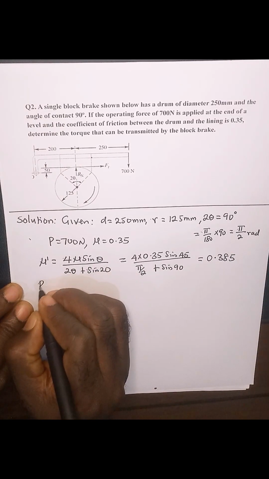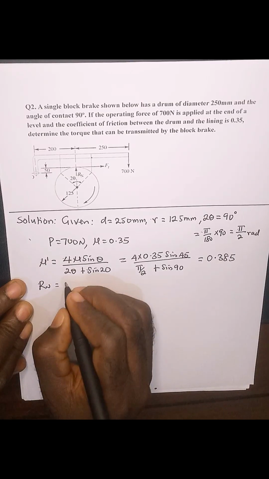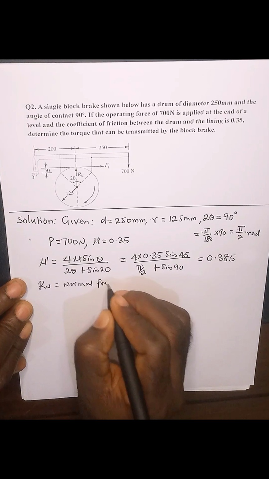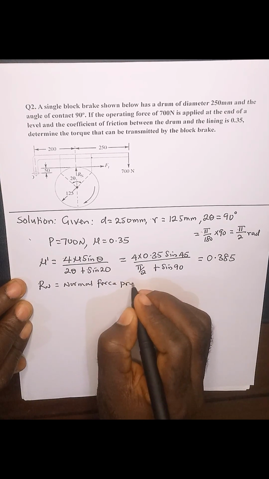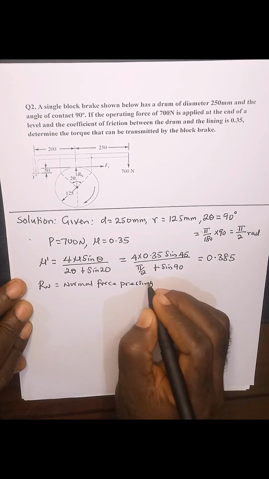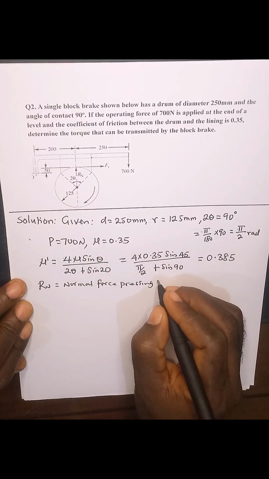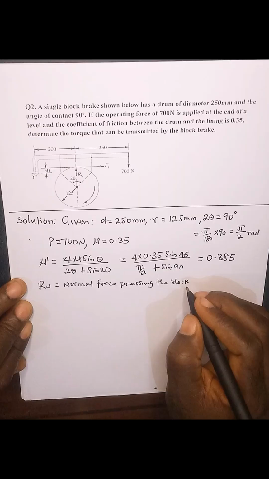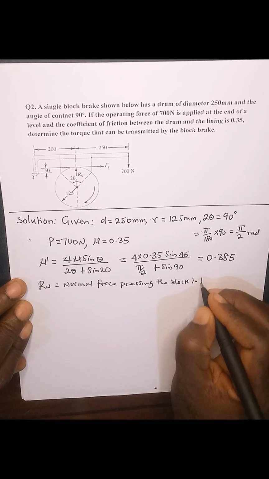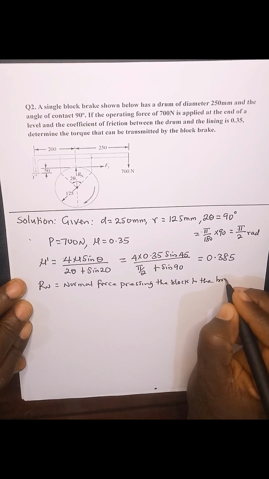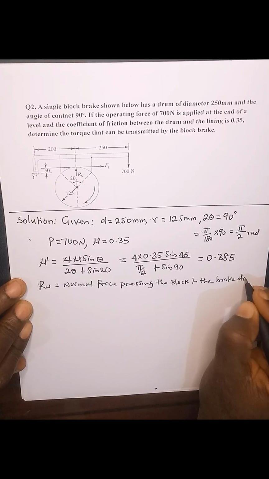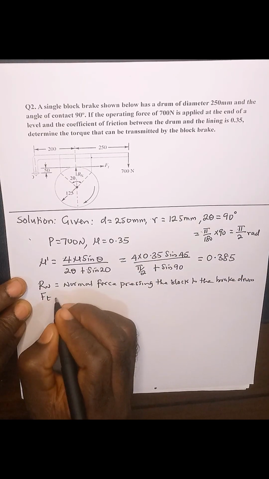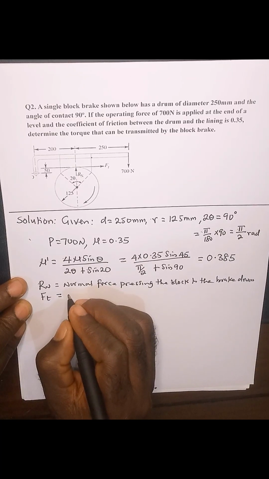Then we have our Rn, which is the normal force, that is pressing the block to the brake drum. Then we also have Ft, which is the tangential braking force.